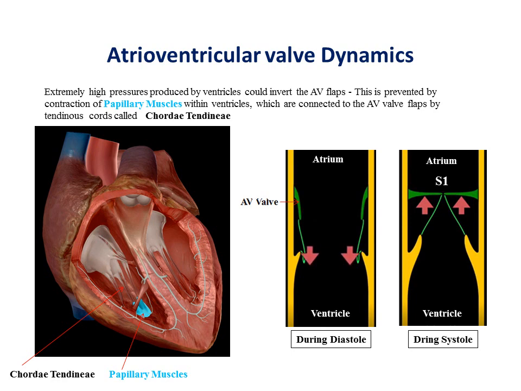This is a diagrammatic representation of, say, the left ventricle. Here are the papillary muscles, chordae tendineae, and here the AV valve being opened, allowing the blood to go from the atrium to the ventricle.